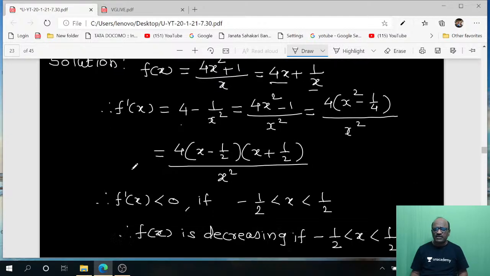Now for f dash of x less than 0, if it's less than 0 it means it is negative. When will this happen? When x lies between minus 1 upon 2 and plus 1 upon 2. Therefore, f of x is decreasing when x lies between minus 1 upon 2 and plus 1 upon 2.